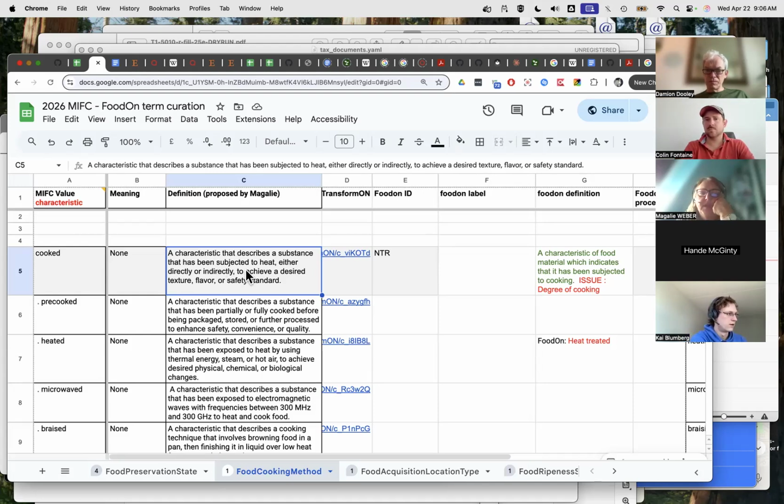It is an attribute or characteristics term, so it is not in my process branch. I would like to have this adjective to map with what is in FoodOn and also to map with my MIFC standards. So I plan to keep this as an adjective in the characteristics list.